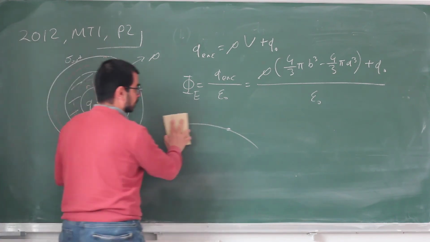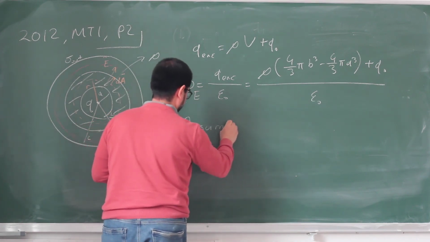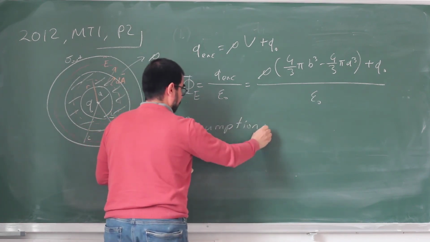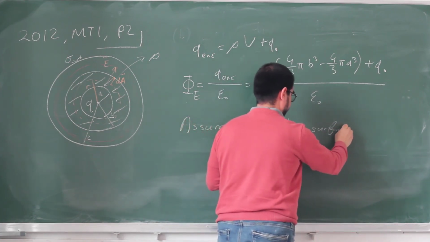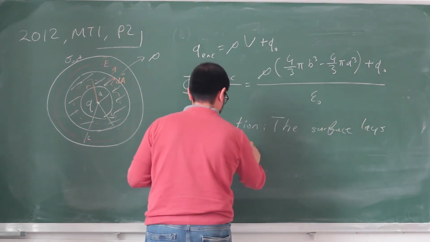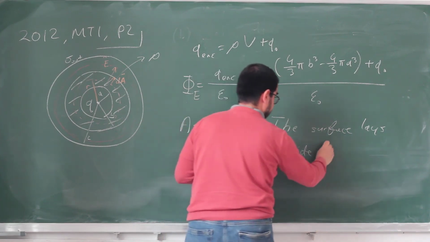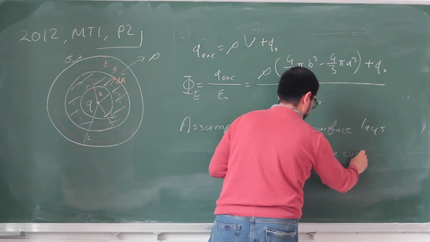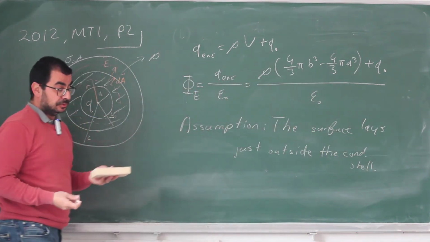So in this case, our assumption is that the surface lies just outside the conducting shell. Unless you make an assumption like this, I don't think the problem is solvable.